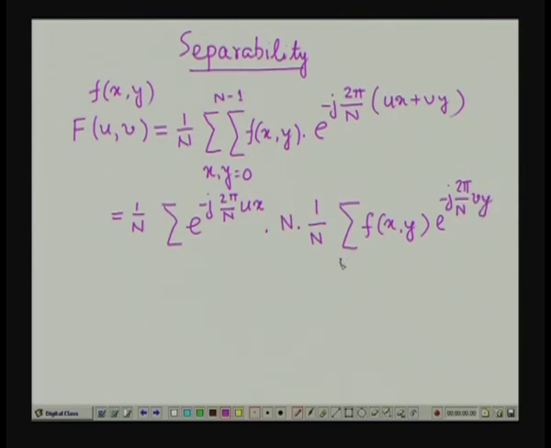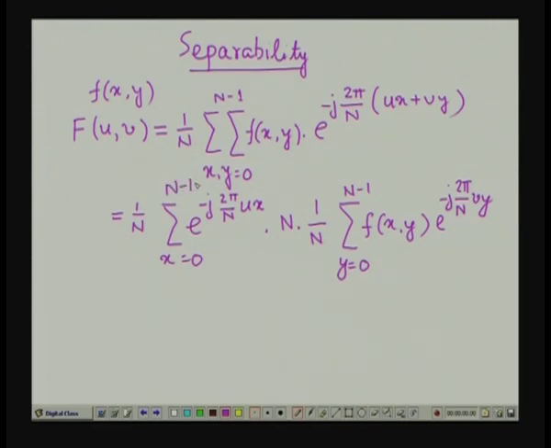The inner summation is taken from y equal to 0 to capital N minus 1, and the outer summation is taken from x equal to 0 to capital N minus 1.